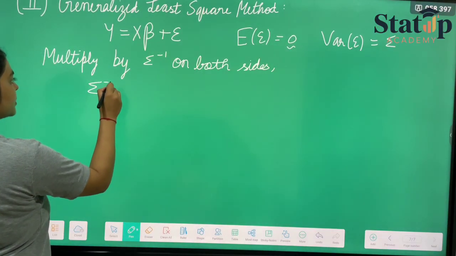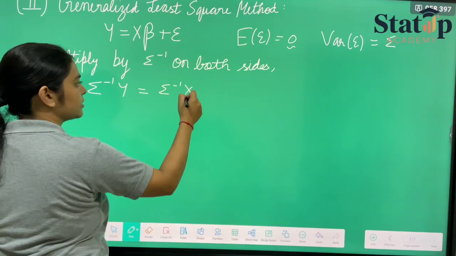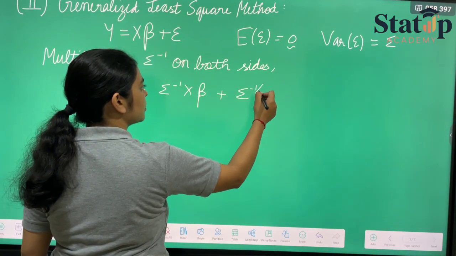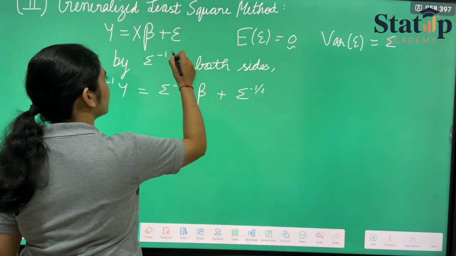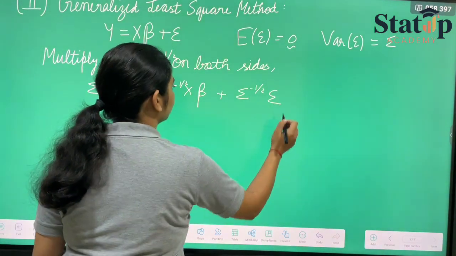So our model becomes sigma inverse y is equals to sigma inverse x beta plus sigma inverse epsilon.